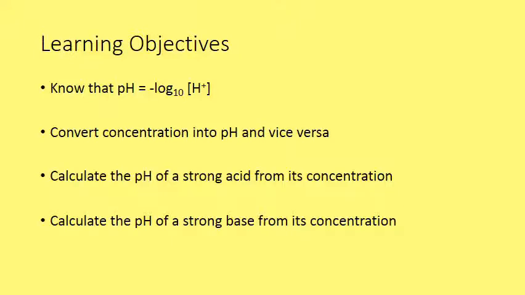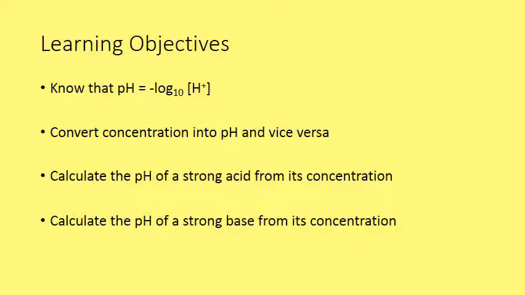So in this video lesson, let's go over the learning objectives. First one being that we need to know that pH equals the minus log to the base 10 of the hydrogen ion concentration. We also need to know its inverse as well, which we'll cover off.